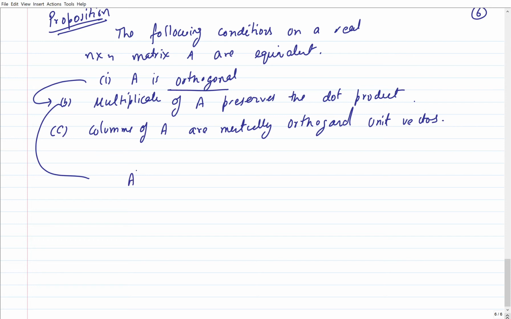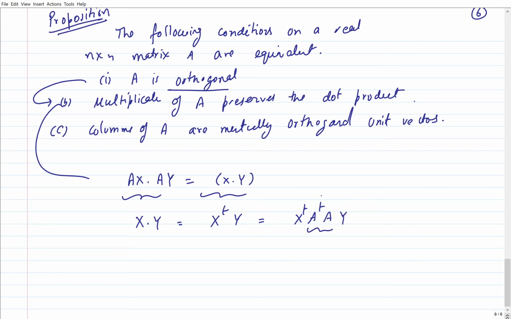Condition B is that AX dot AY is X dot Y. And how do you show that? You start with, let's say, X dot Y, and then you can say that this is nothing but X transpose of Y. That's the definition of the dot product, which is going to be X transpose A. Let us write it as A because this guy was identity. So I'm just stuffing in the identity between them. And what is this?